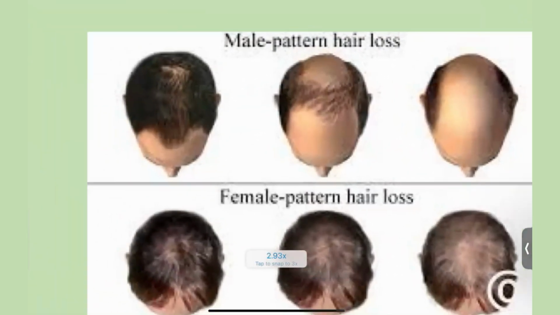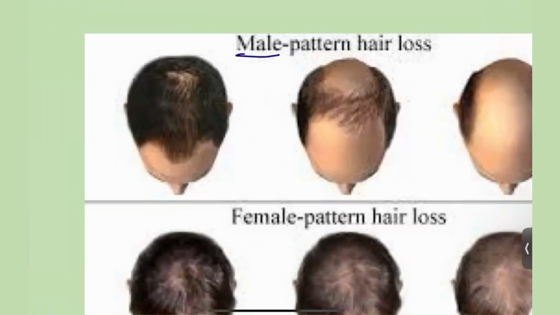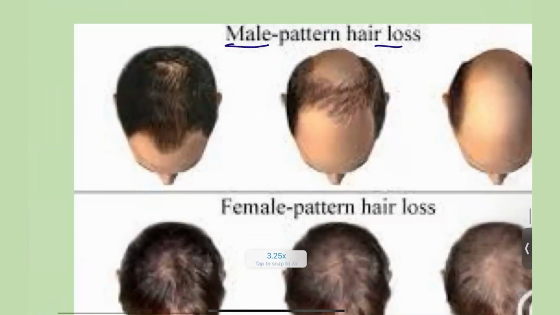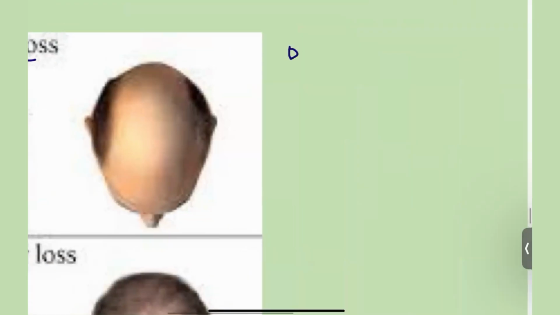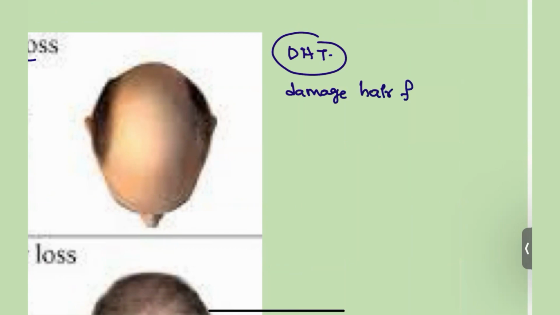Next, moving on to androgenic hair loss. What is happening here in androgenic hair loss? Dihydrotestosterone is going to cause miniaturization and damage to the hair follicles.